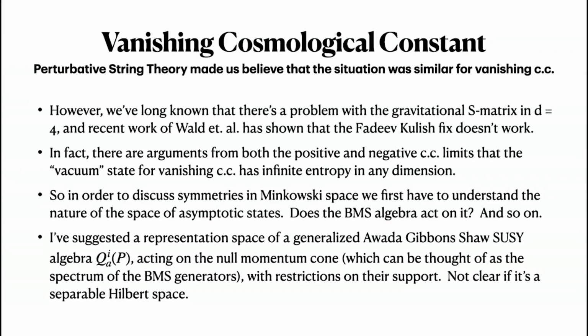Wait, Tom, before we go there, two slides ago, I think you said you had an argument for no global symmetries in quantum gravity based on causal diamonds. That argument didn't make any use of black holes, is that correct? That's correct. So it's independent of black holes, just using the physics of causal diamonds.